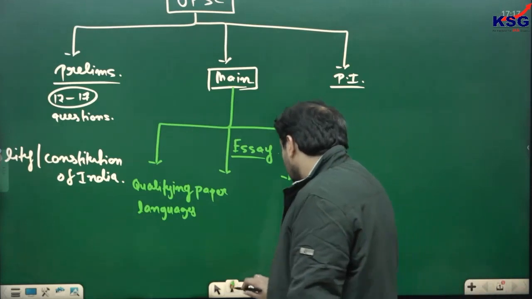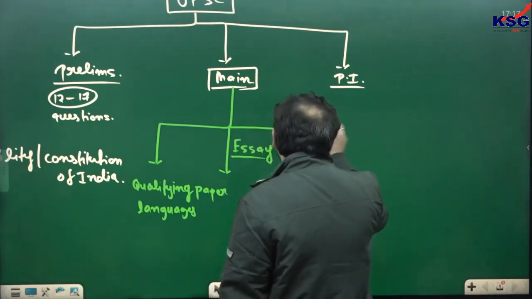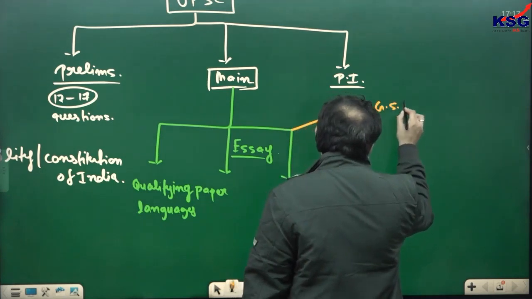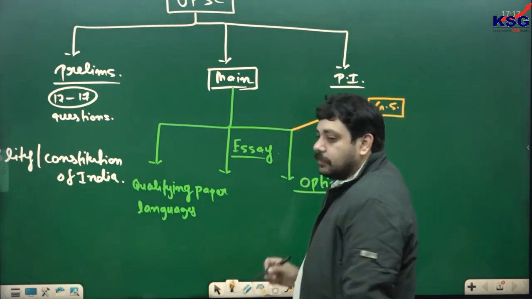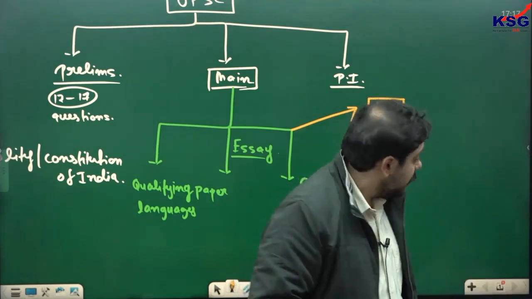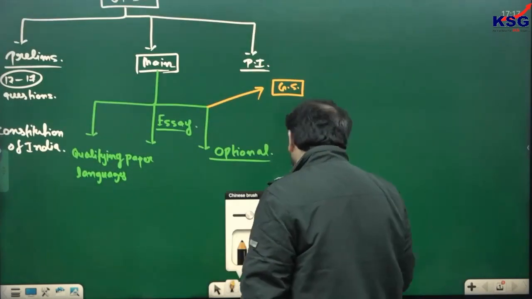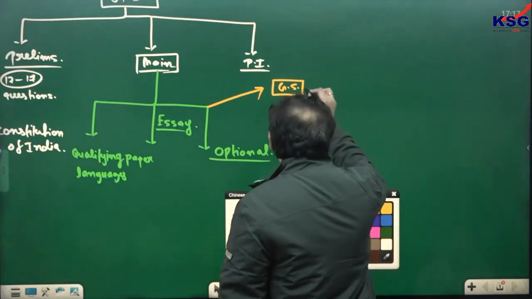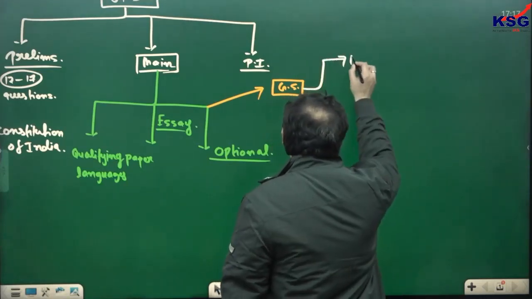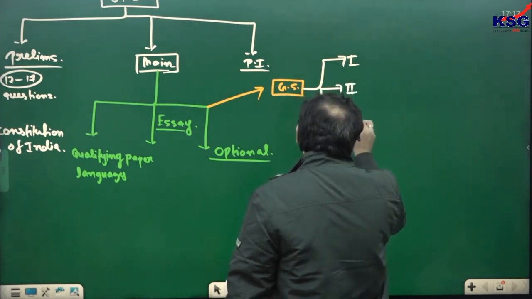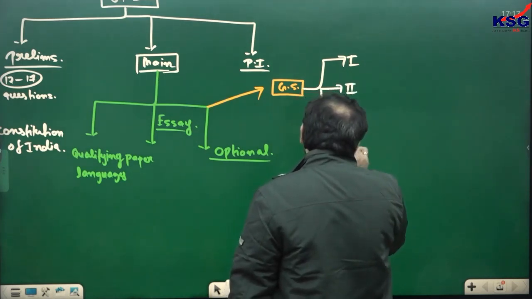And then the last and the most integral leg of the main examination is what is known as general studies, GS, the general studies papers, right? General studies papers are divided into GS paper number 1, GS paper number 2, GS paper number 3, and GS paper number 4.